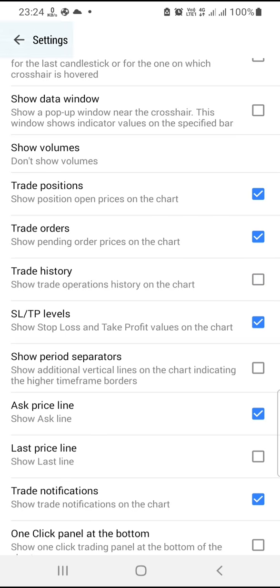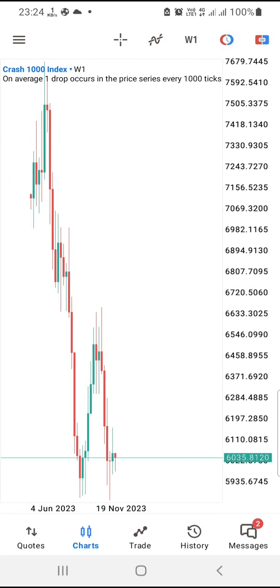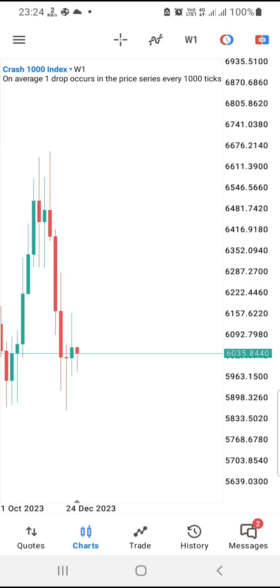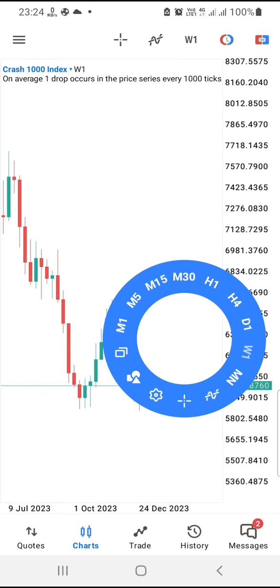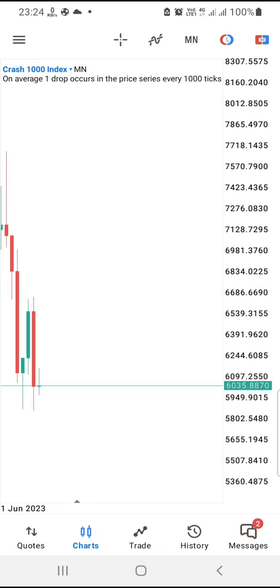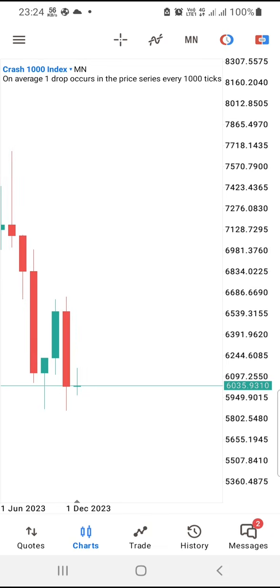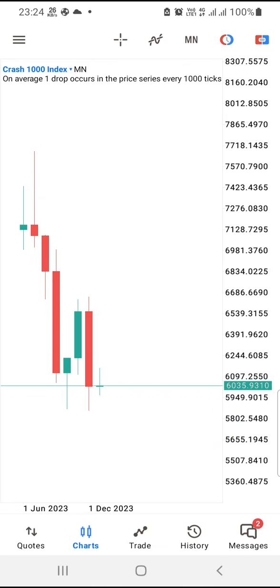In crash 1000 index, we're analyzing from the monthly. I don't think I've ever shown you an analysis from the monthly, but on the monthly you will see two things that I want you guys to take note of. Most people won't see this. Check out the monthly. What do you see? Already right now I see a possible sell, but if you have been watching my videos, you know why.